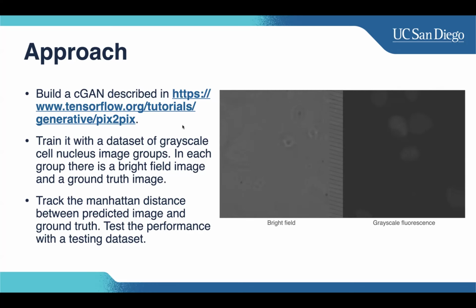And I will train it with a data set of grayscale cell nucleus image groups. In each group, there is a bright field image, this is a bright field image, and a ground truth image.